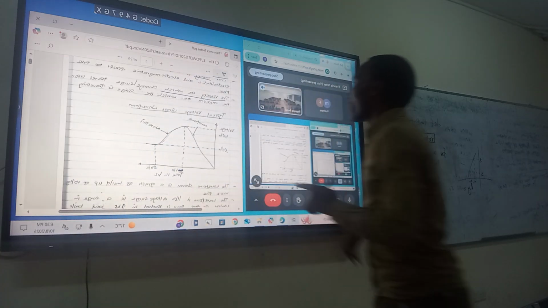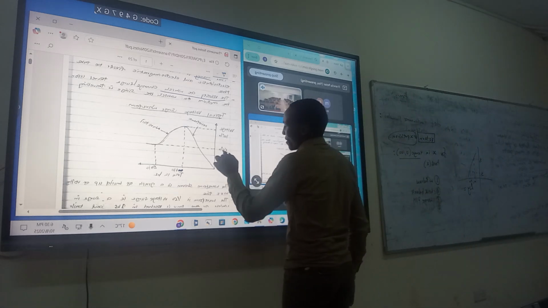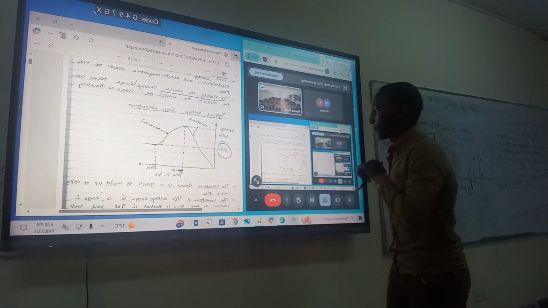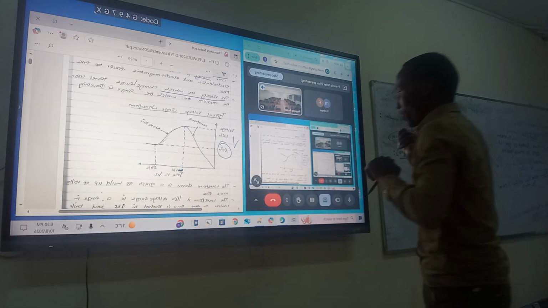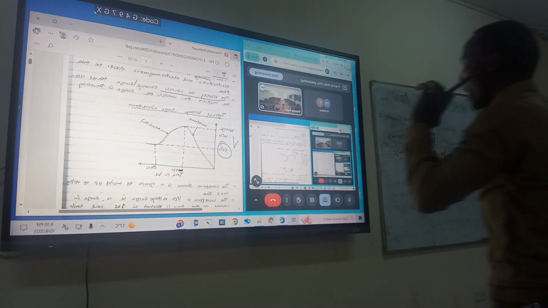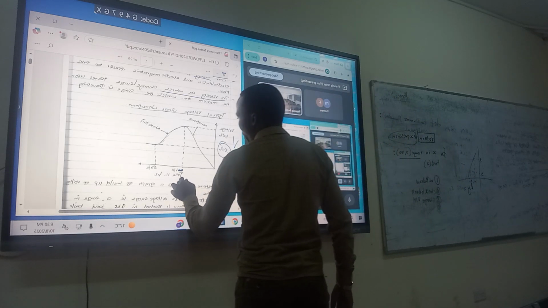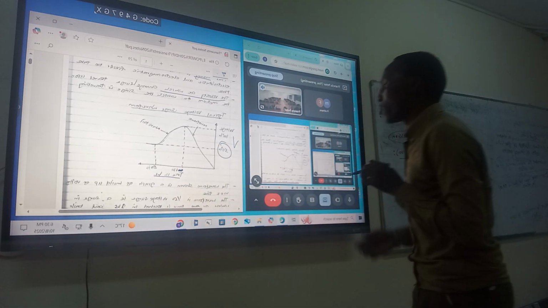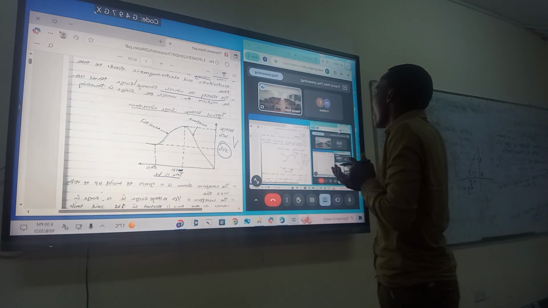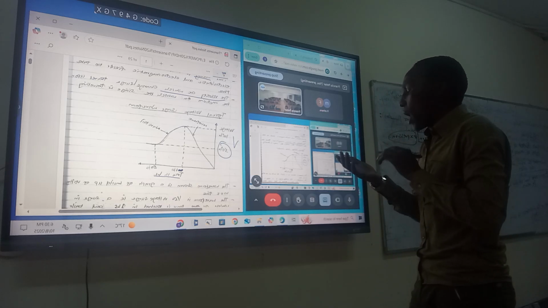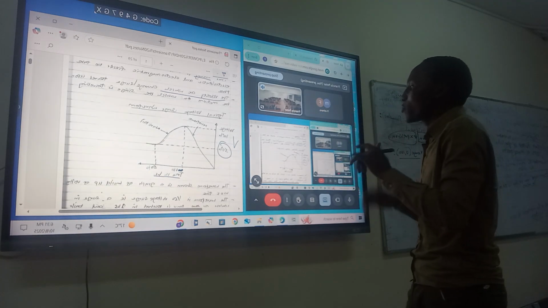Now we have a typical voltage surge waveform. You assume this is where we have our 50%. This is the side of the voltage, and again we have the time in microseconds. Because surges usually happen in a very short time, the time used will be very small. That's why we are using the micro.